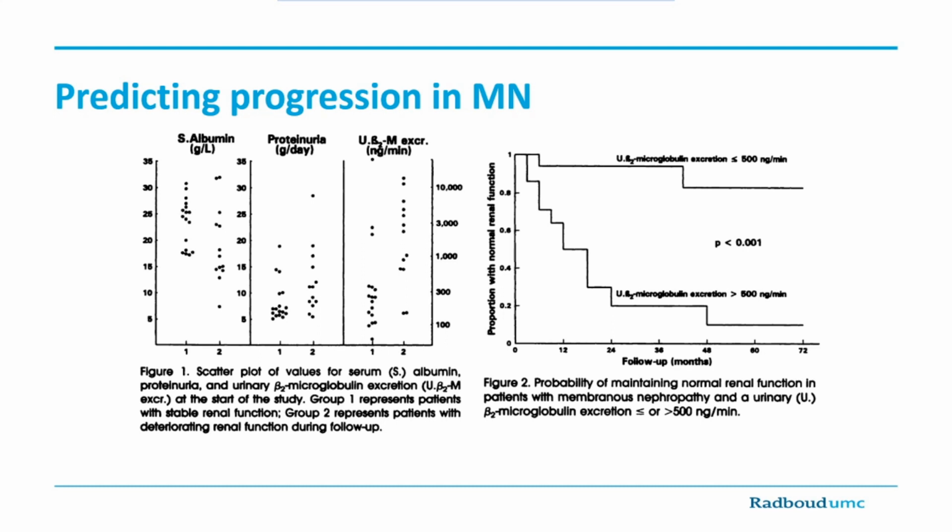So at the end of the 1980s, there was a small randomized study in Nijmegen performed by my PhD supervisor, Jacques Retzels, on the effect of prednisone in progressive membranous nephropathy, and prednisone turned out not to be effective. It was a failed study.